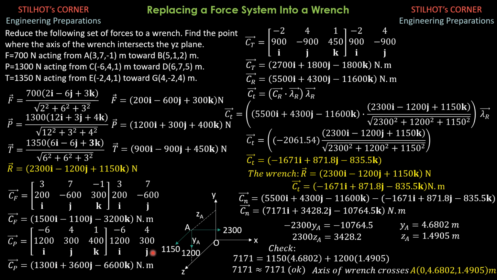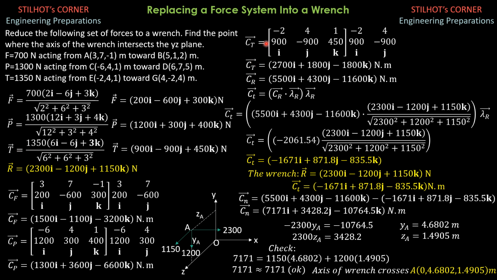Then for j, 1200 minus negative 2400, so that's 1200 plus 2400, that's 3600j. Then negative 6 times 300, negative 1800k minus 4800, negative 1800 and negative 4800 is negative 6600 newton meter.